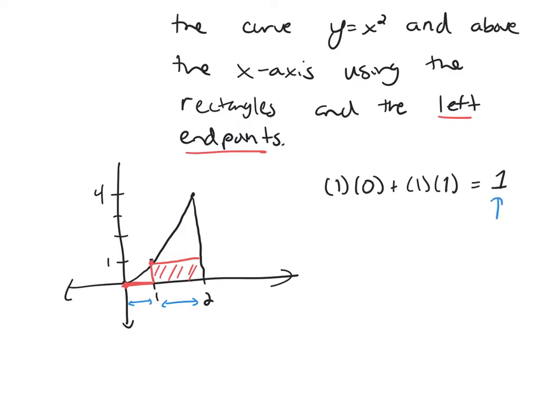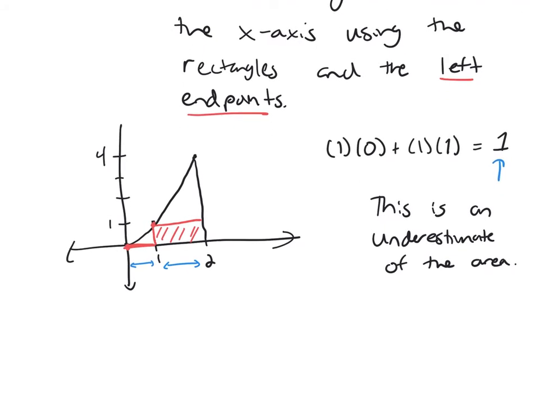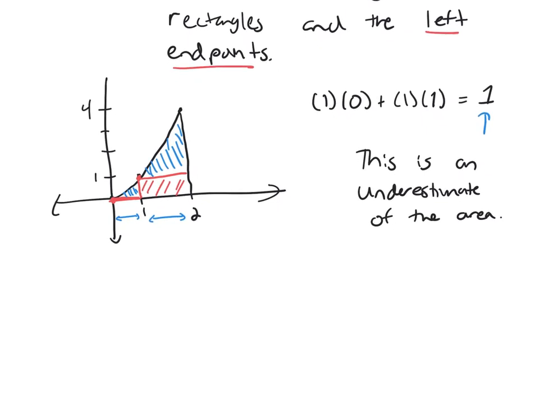And I am going to say that if you look, you can tell that this is an underestimate of the area. There's a whole bunch of area that hasn't been calculated by these rectangles, right? This area right here isn't included, and this area right here is not included. So this is an underestimate for our area under the curve.